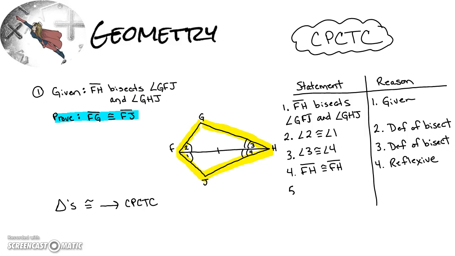So in step 5, let's write the triangles. We'll say triangle FGH. And if we go in the correct order for the other triangle, that would be triangle FJH. And to determine the order of the letters, I always just follow the congruent markings.